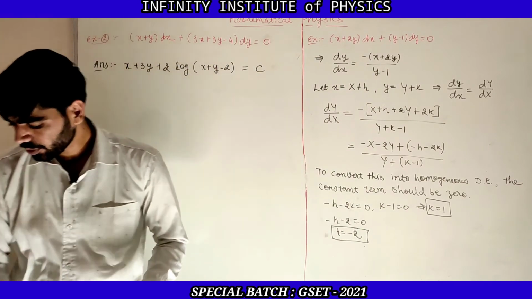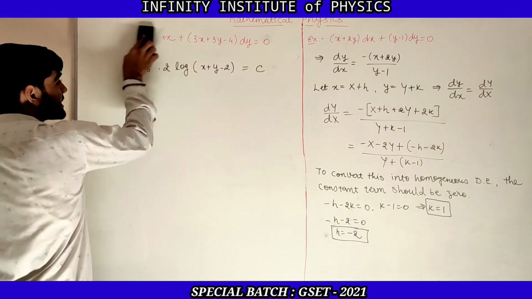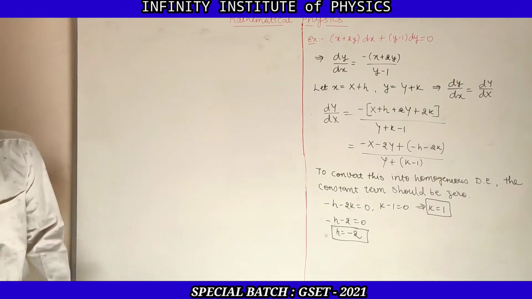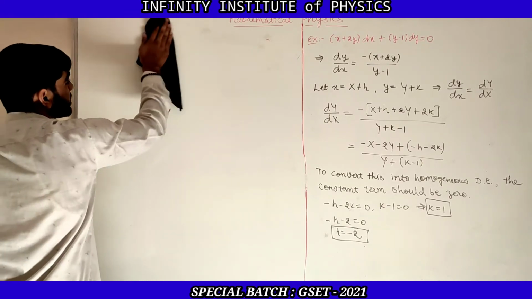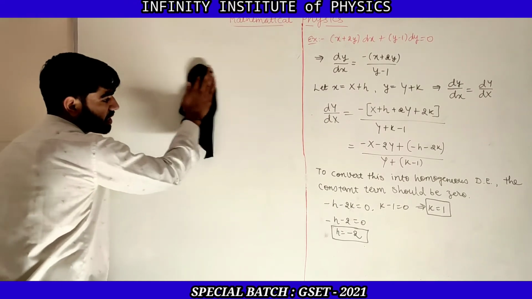Clear? So if you take h equal to minus 2 and k equal to 1, then your given differential equation can be converted to the homogeneous, that means the constant term is 0.